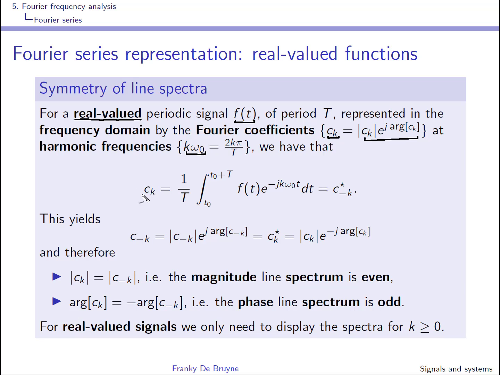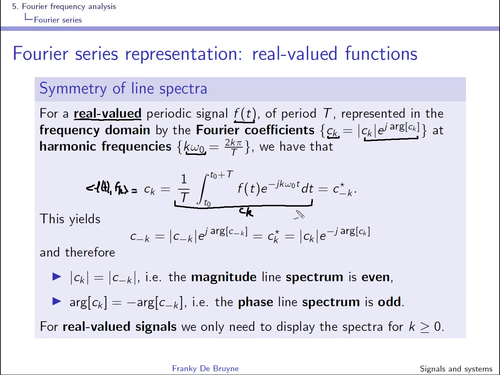Okay, we have seen that ck can be written as the inner product of f(t) and the corresponding Fourier function in the basis, and we have seen that it can be written like this. Okay, so this is c of k.